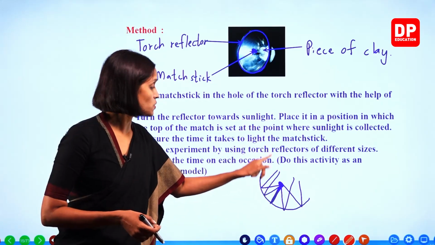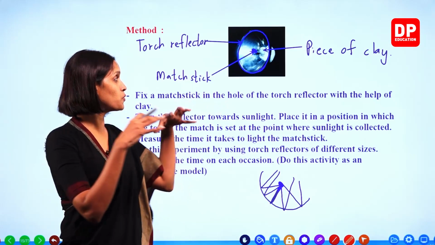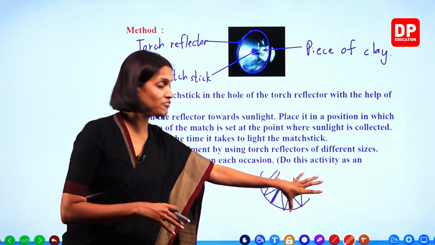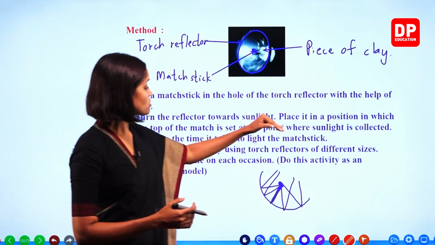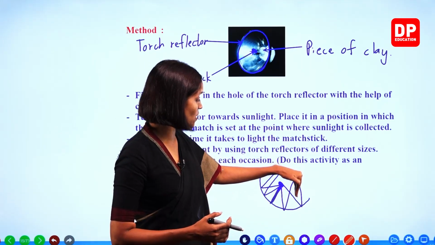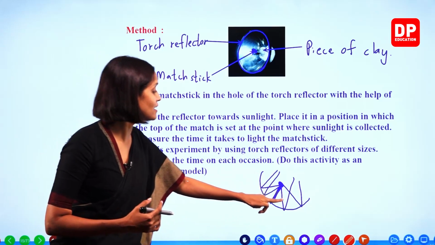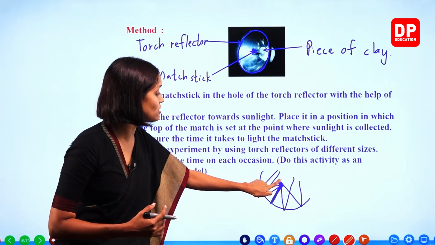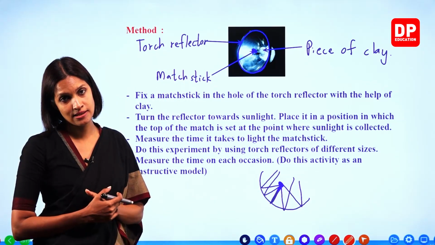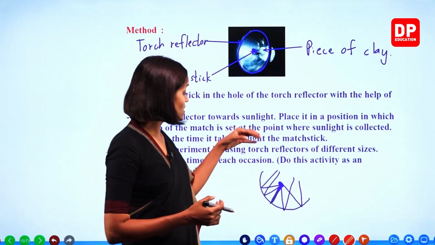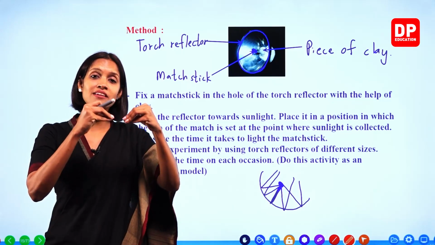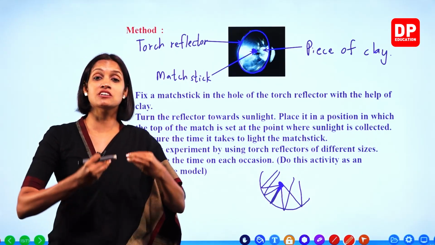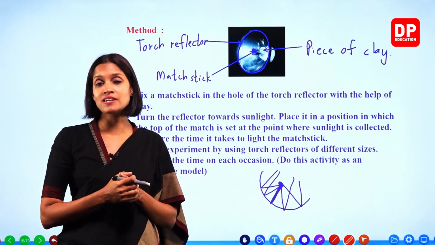Okay, children. So here, when sunlight falls onto these torch reflectors, it acts as a solar thermal cooker. All the light rays get reflected and collect at this point where the match head is placed. When more and more light rays are collected at that place, the temperature will increase because of the sun's heat.